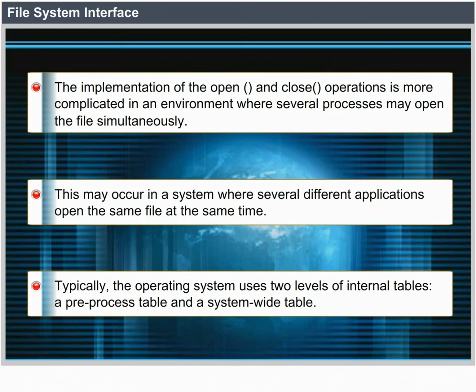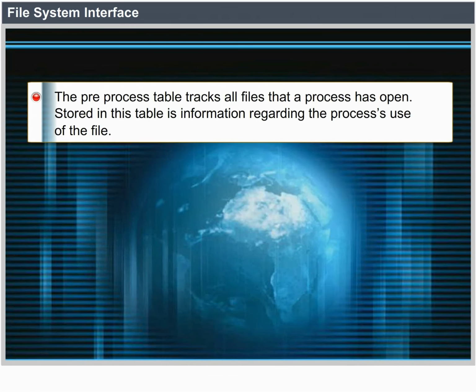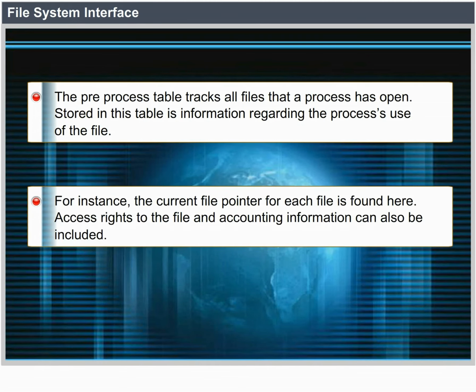The per-process table tracks all files that a program has opened. Stored in this table is information regarding the process's use of the file. For instance, the current file pointer for each file is found here. Access rights to the file and accounting information can also be included.